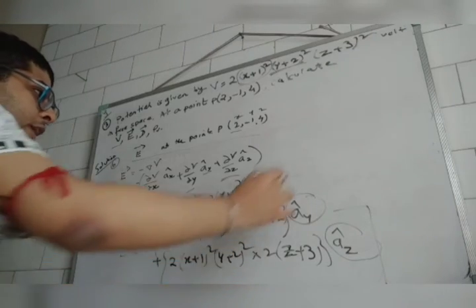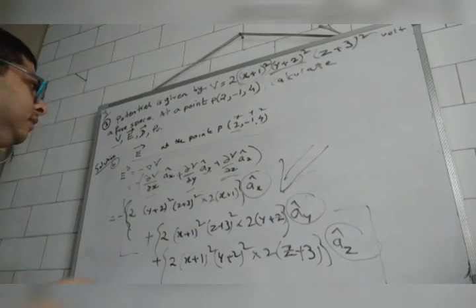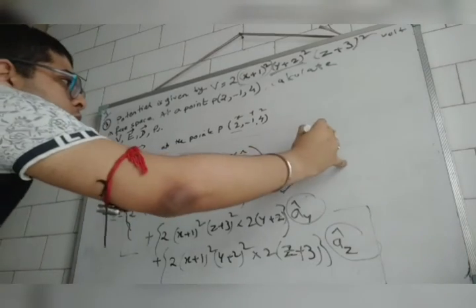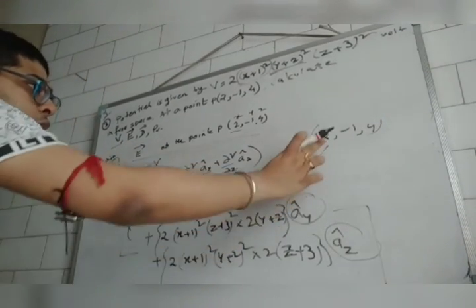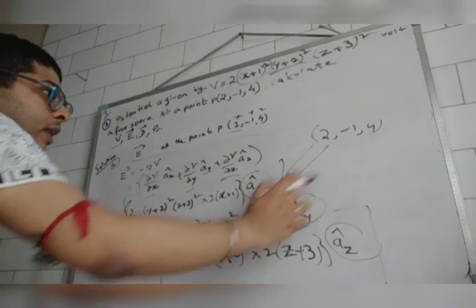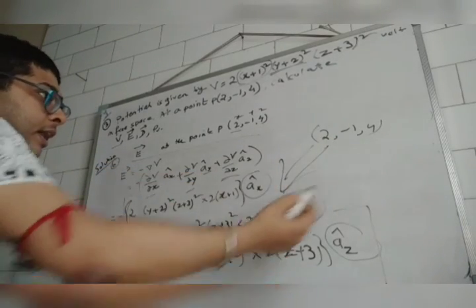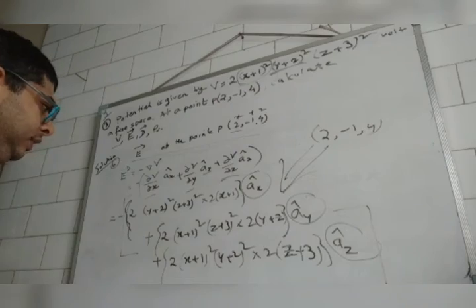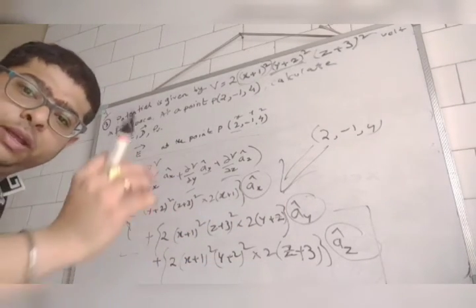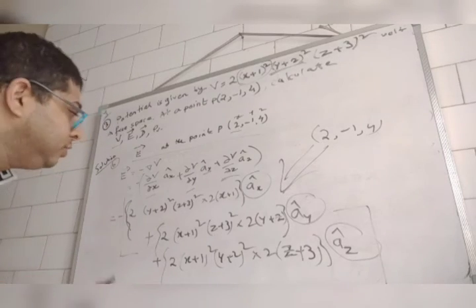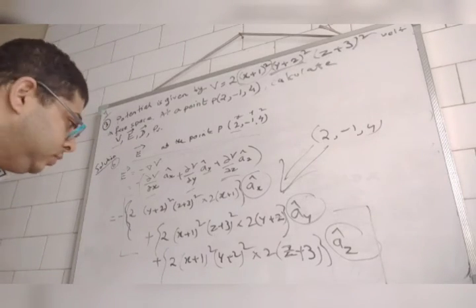And if we calculate this for the point (2, -1, 4), that means instead of x you should put 2, instead of y you should put minus 1, instead of z if you put minus 4, then you will be getting a complete vector, and you will be getting some numeric values as a magnitude. So let us see.